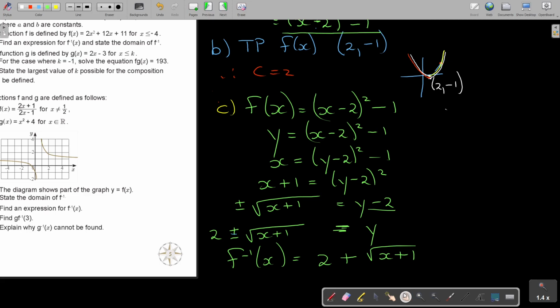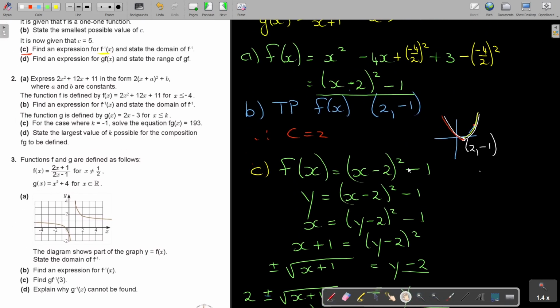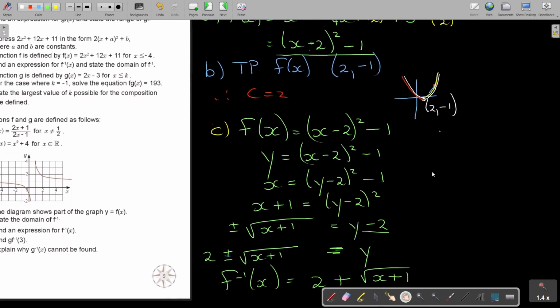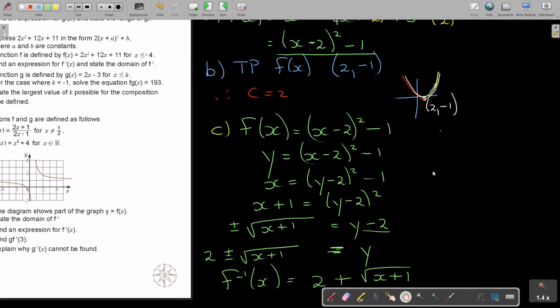But I'm not done. As I said, I love asking two things in this. So state the domain. Now if that is the inverse, remember my sketch is not really nice, but it doesn't matter. First I must find the point at 5 on the function.